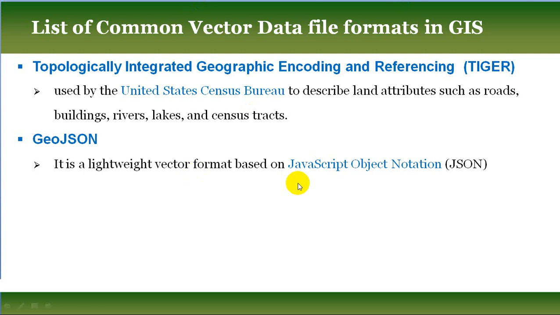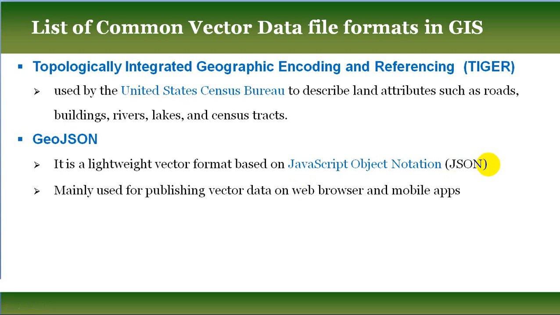It is a lightweight vector format based on JavaScript Object Notation, or JSON, mainly used for publishing vector data on the web browser and mobile apps. In mobile apps, if you want to represent geographical data, then most of the time we prefer this GeoJSON file format.